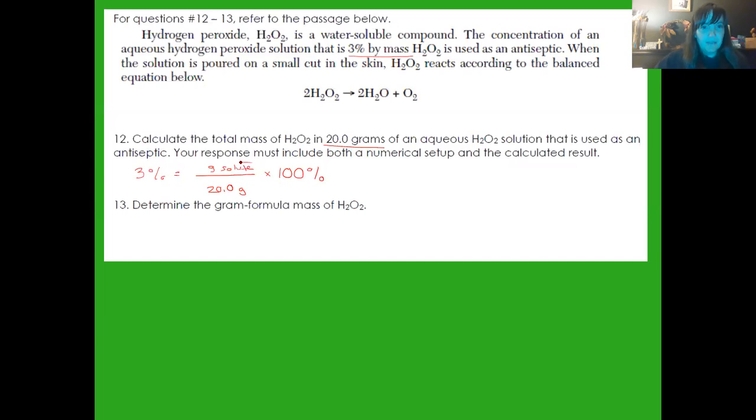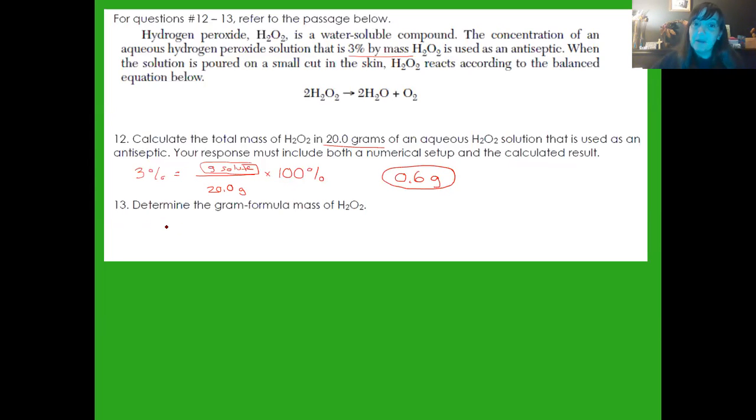Okay, so right now I'm solving for this. I don't know what this value is, so we can call that x. So to solve for x, I want to get it by itself. So I'll divide both sides by 100, and I'll multiply both sides by 20. And that's going to give us 0.6 grams of hydrogen peroxide in 20 grams of solution.